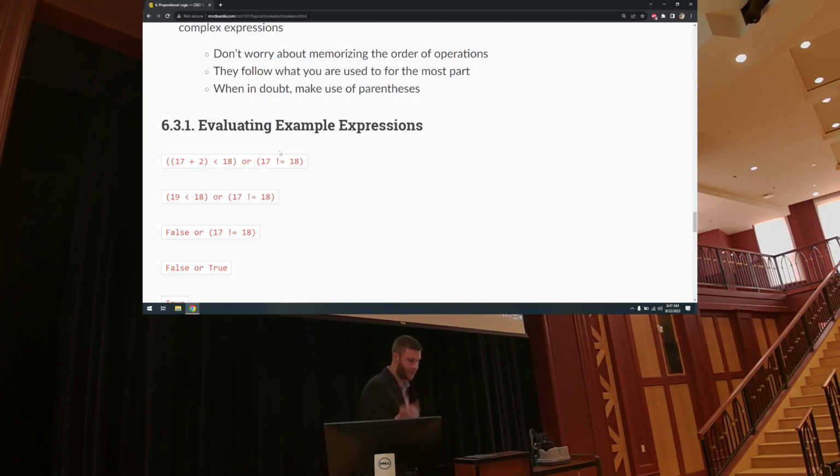Okay, 17 plus 2 is 19, right? So is 19 less than 18? False. Or is 17 not equal to 18? Oh, so what does that whole statement evaluate to? Come on, wake up. Who said false? Was it you? Try again.